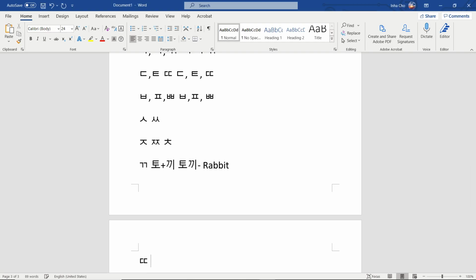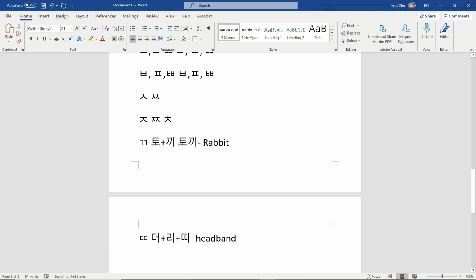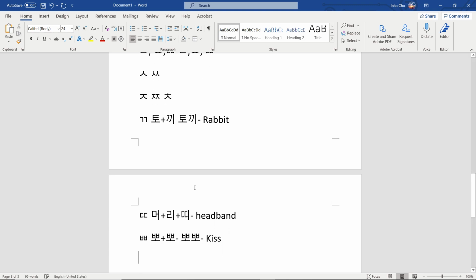Then we have 띠, and 머 plus 리 plus 쌍디귿 and then 이. 머리띠. 머리띠 is of course headband. 쌍비읍, 뽀 plus 뽀, which is 뽀뽀, which means kisses or kissing.